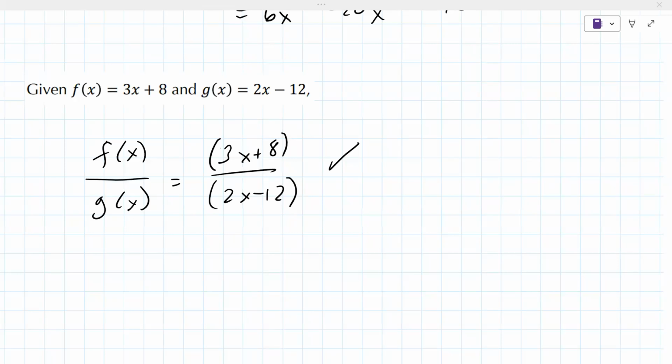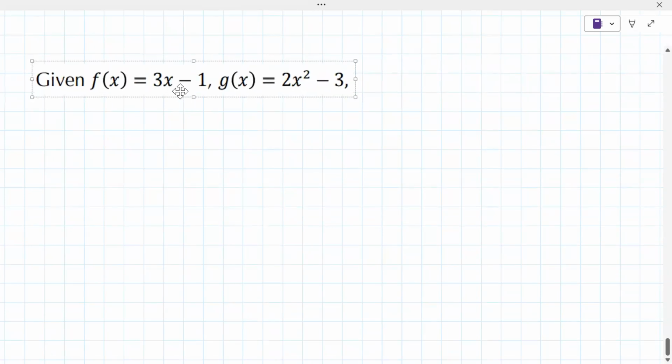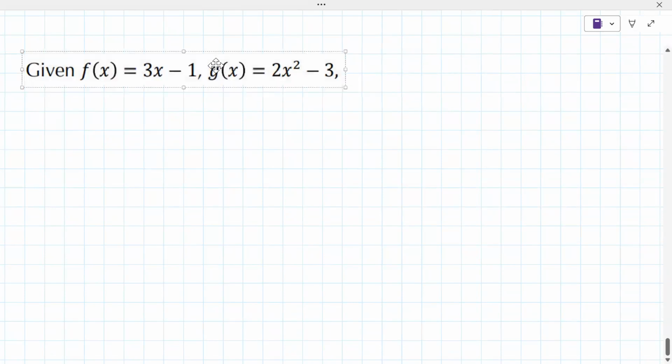Do a couple more here. How does what we're doing compare to what you see in class? Well, I recognize some of the stuff, so it's pretty similar.